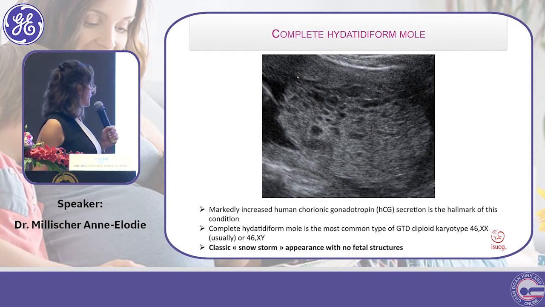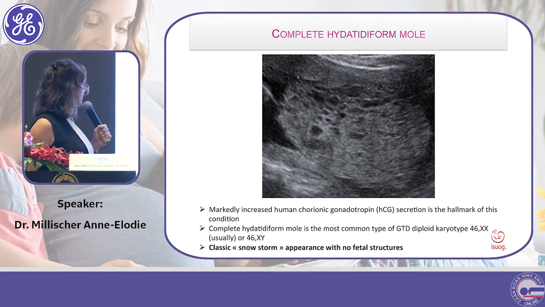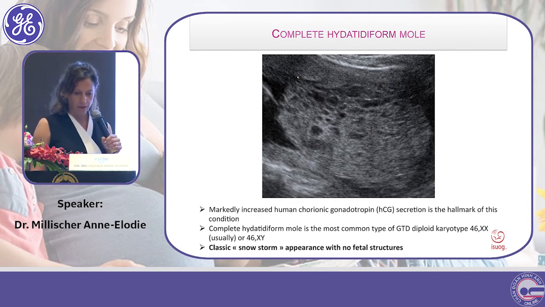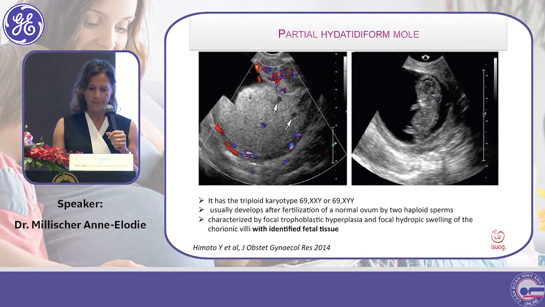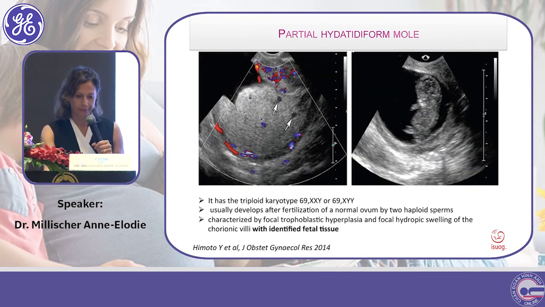And it is correlated with a markedly increased HCG, human chorionic gonadotrophin. Và cái đặc điểm mấu chốt của cái bệnh lý này nó sẽ tăng beta HCG rất là cao. And it relies this classical snowstorm aspect. Và đó là những cái nang, cái vesicle, cái đặc điểm của cái thai trứng.